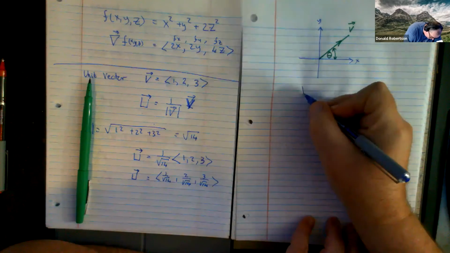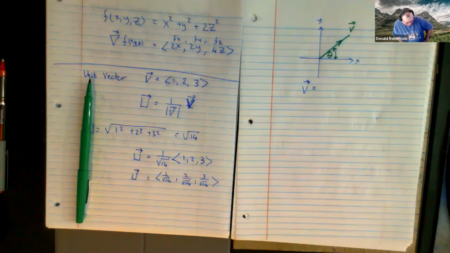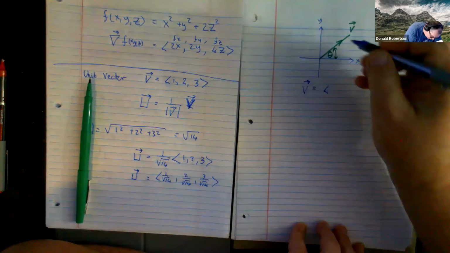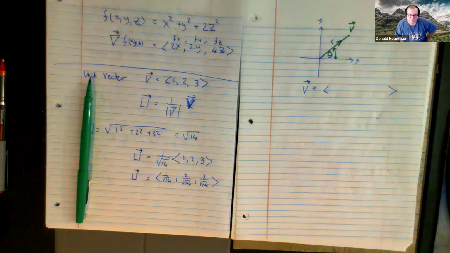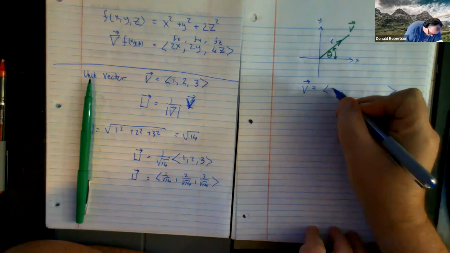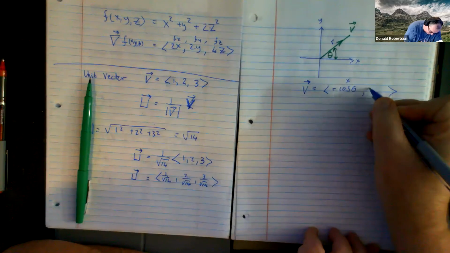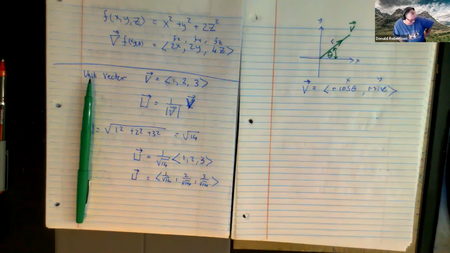Then you should be able to tell me what the x and y components of this vector are. So if I tell you that the radius, or the distance, we'll call it r, can you remember r cos theta being the x and r sin theta being the y?